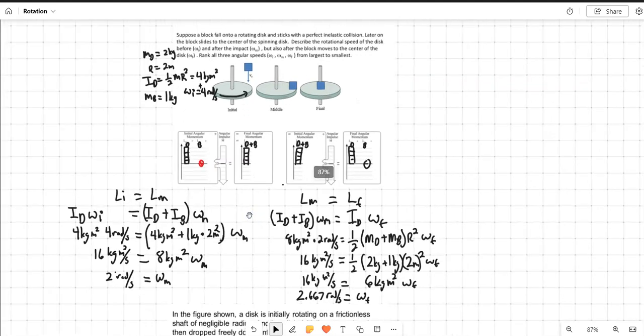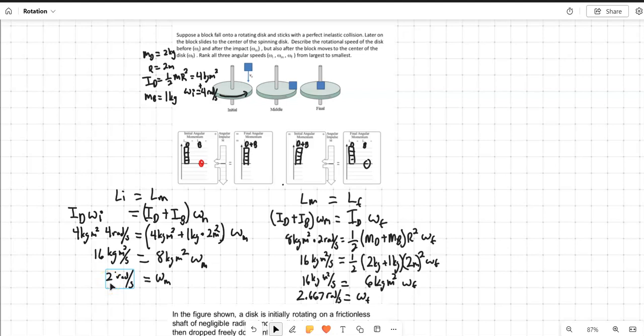This basically means it starts out spinning at 4 radians per second. When the block lands in the middle on this and sticks to it, it now slows down to 2 radians per second.